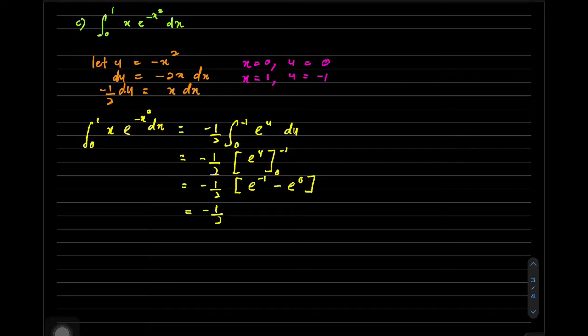E power of negative 1 is actually equivalent to 1 over e. So, what is the value of e power of 0? E power of 0 is equivalent to 1. Then, you can rearrange. The final answer is equivalent to 1 over 2 minus 1 over 2e.